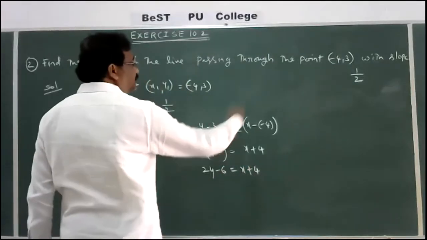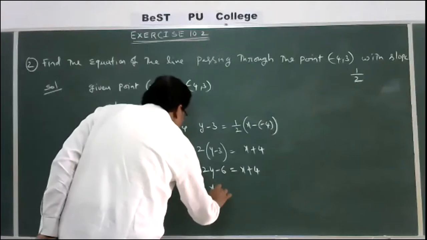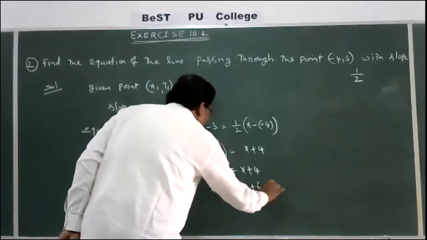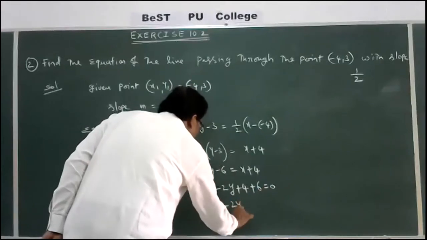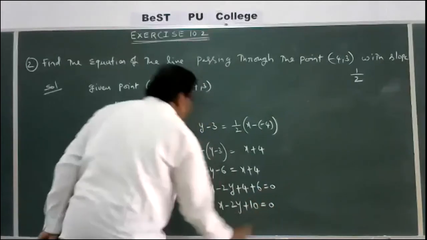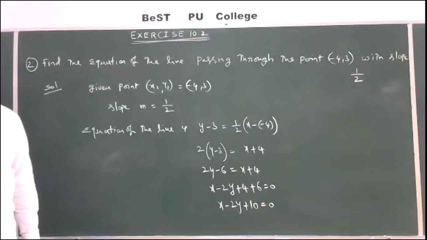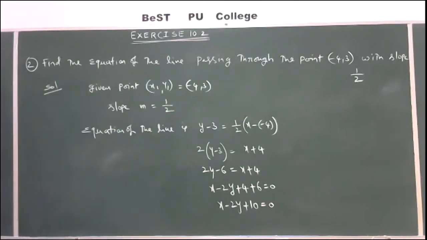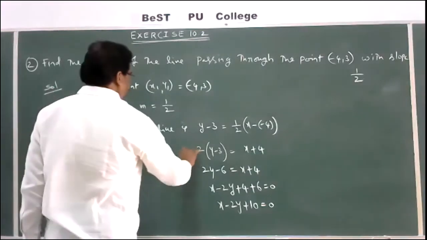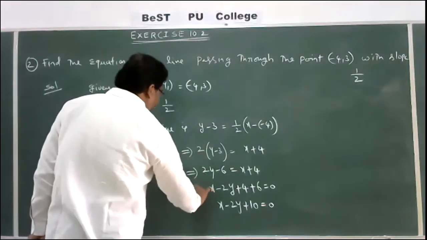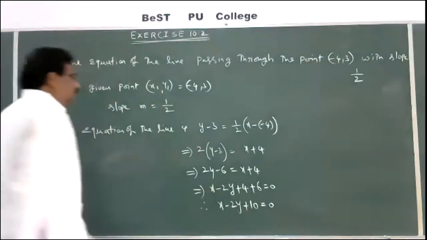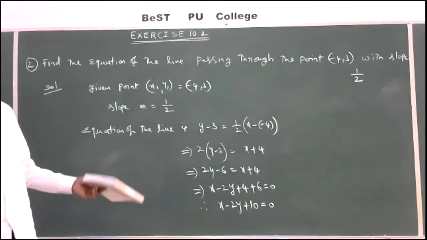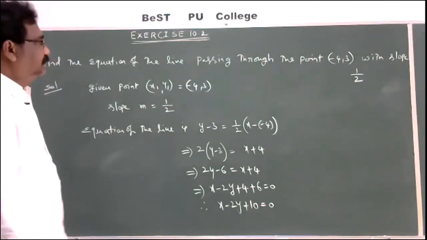Bring all terms to one side: x minus 2y plus 4 plus 6 is equal to 0. That is x minus 2y plus 10 is equal to 0. That's the required equation of the line. Here the point and the slope are given, so you can use the point and slope form.